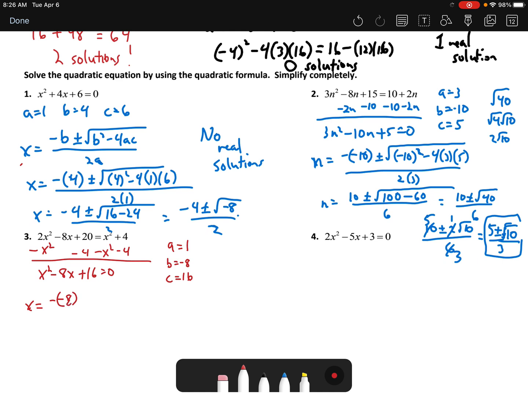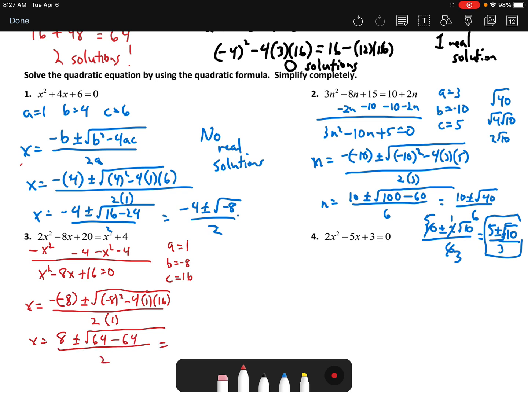negative negative 8 plus or minus the square root of negative 8 squared minus 4 times 1 times 16 all over 2 times 1. Let's see what that gives us. Let's see, 16 times 4, hey, that's 64, minus 64 all over 2.